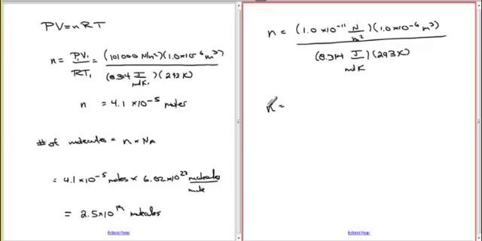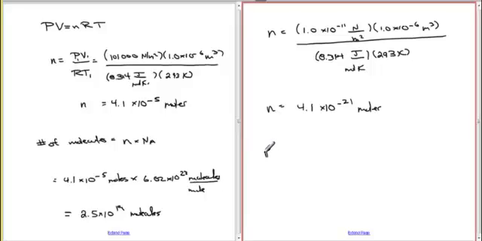1 e to the minus 11 times 1 e to the minus 6 divided by 8.314 divided by 293. And I get 4.1 times 10 to the minus 21 moles.